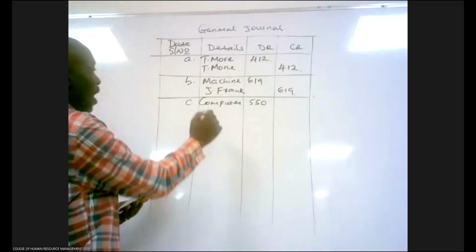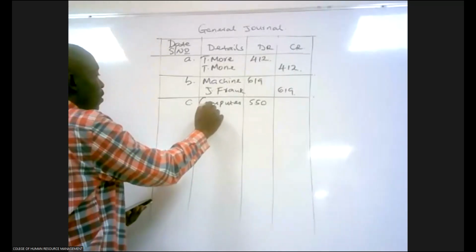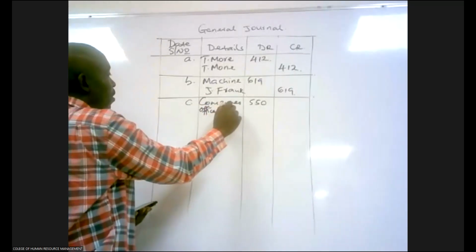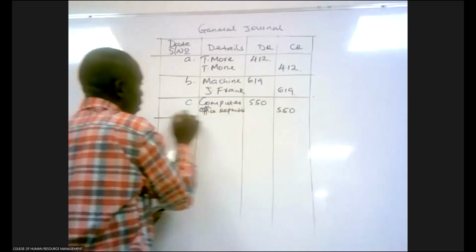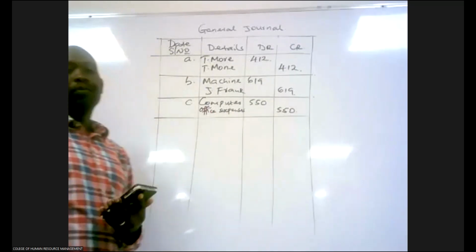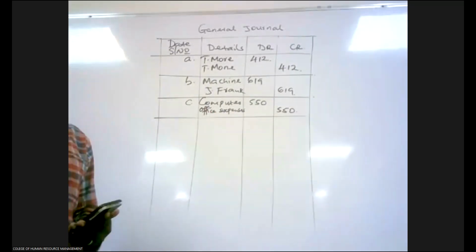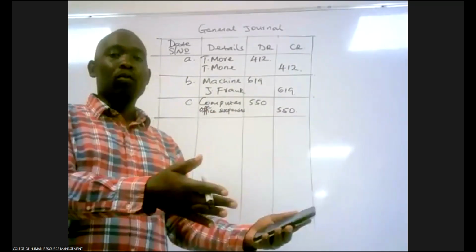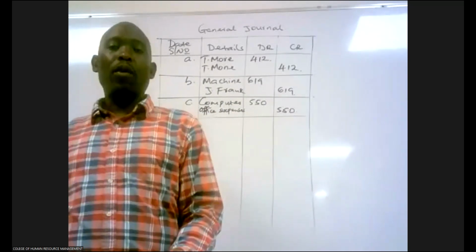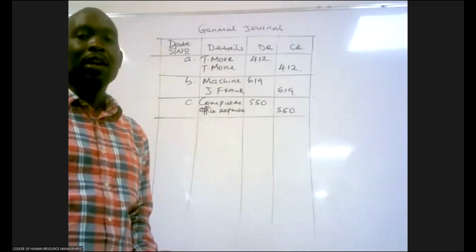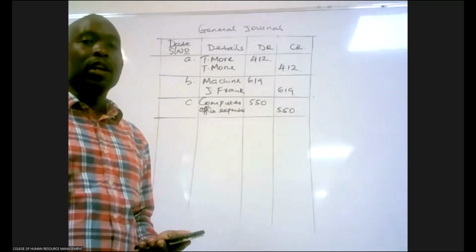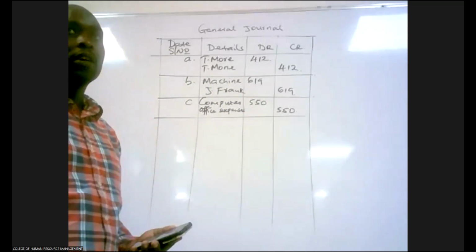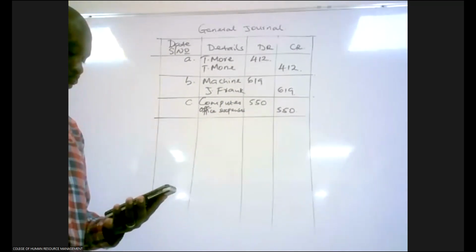So we shall come here and credit office expenses by 550. That one is again sorted. So it is a matter of taking it where it is supposed to be and cancelling where it was wrongly entered. Cancel, put it on the opposite side. If it was treated as a debit entry, treat it as a credit entry now.